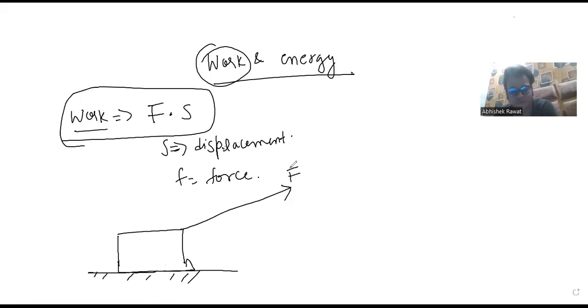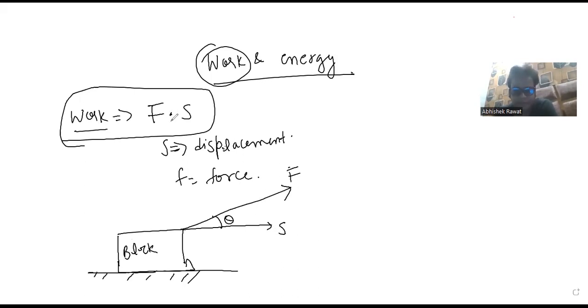The body moves in this direction, which is the direction of motion. So force is in this direction, S is in this direction, and this is the angle between the force vector and the S vector.